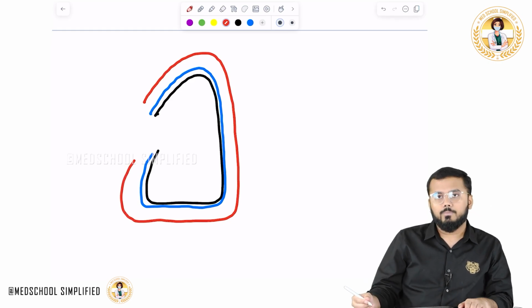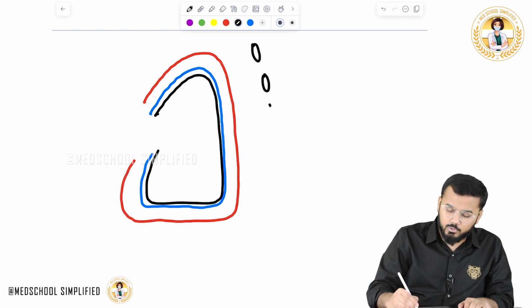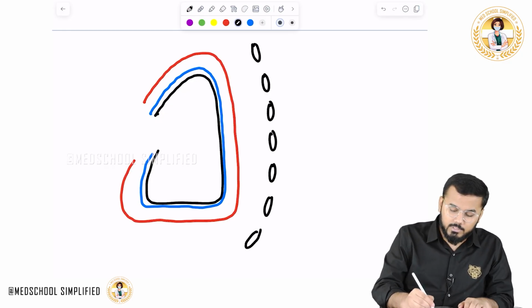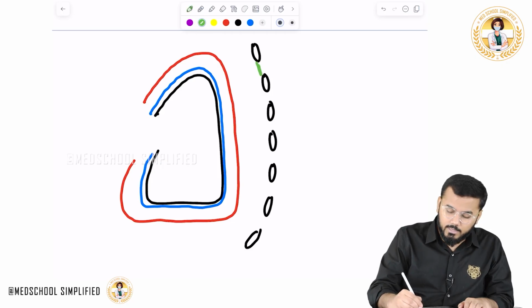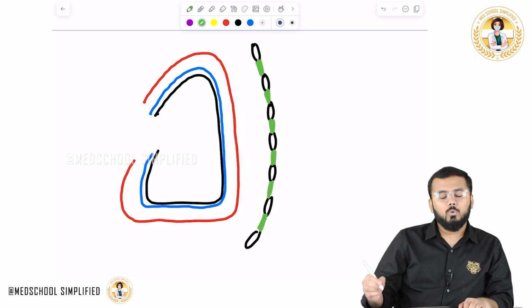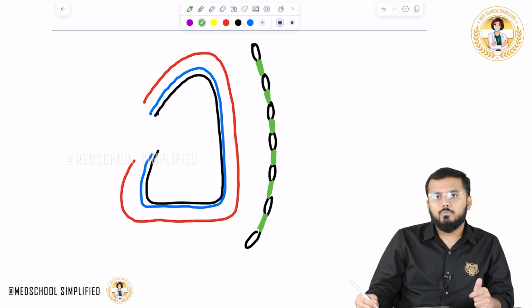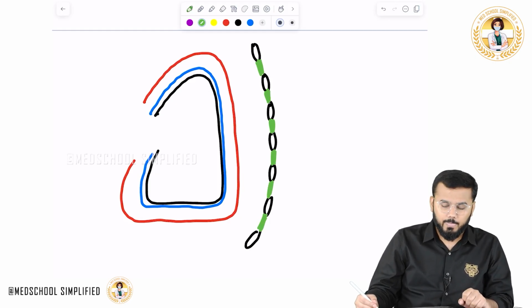These are your ribs, and obviously you know that here we have intercostal muscles. Normally within the pleura you have no air, the pressures are negative, and you have serous fluid.